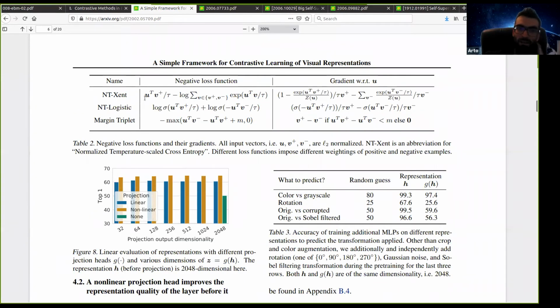So basically maximize similarity between U and V plus, which are produced from the same data point. And also we have this temperature factor here, which was found to be useful, I think, empirically. And while minimizing the similarity between the U and V, which are negative samples here.